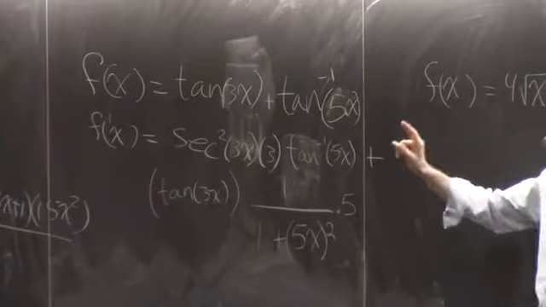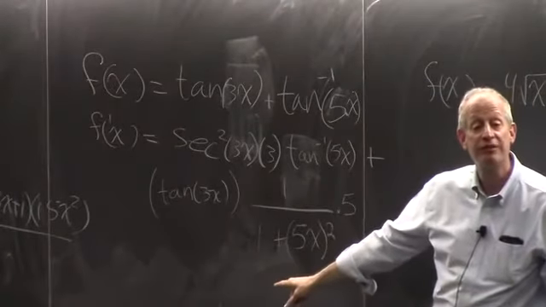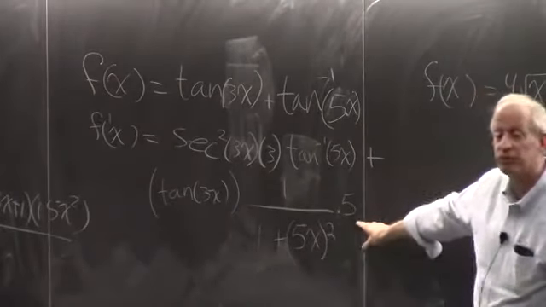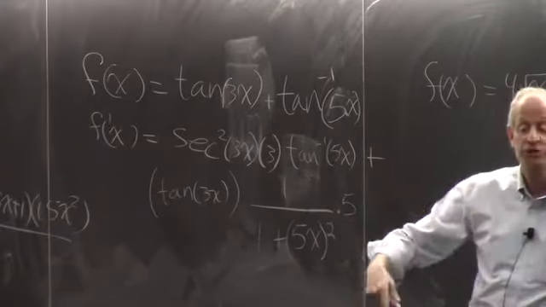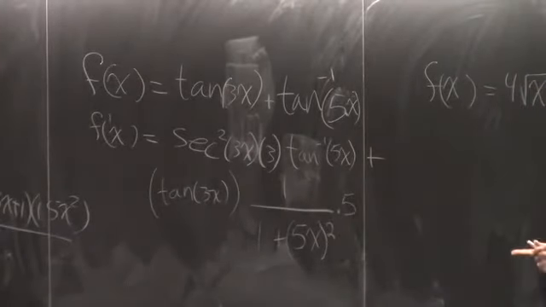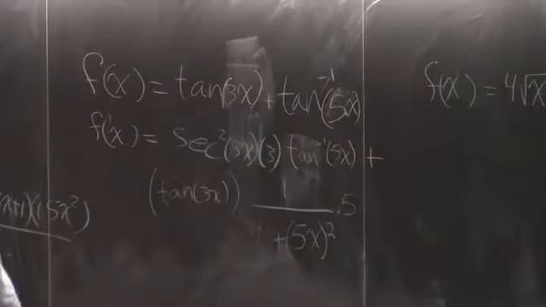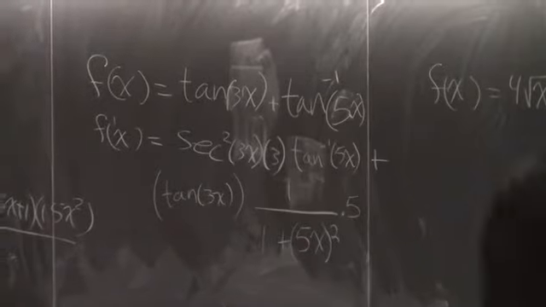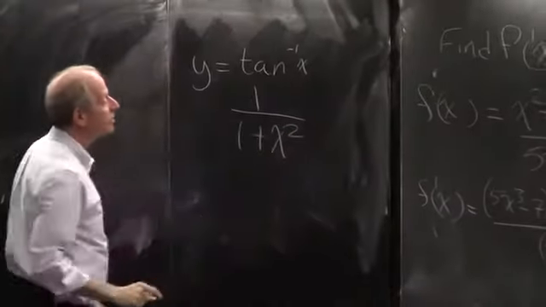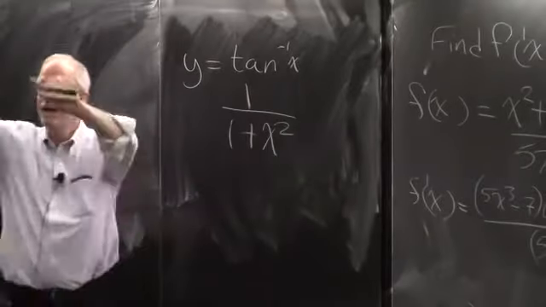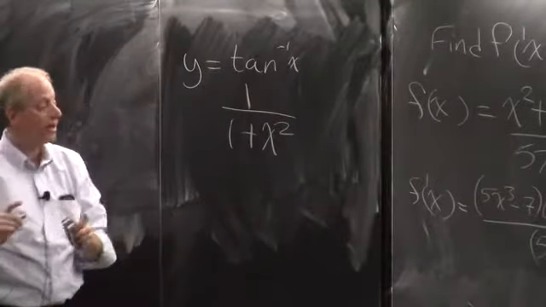Many of you will put 5x squared but not put 5 in parentheses, or will not multiply by 5, or put a square root that just doesn't belong there. Okay? So remember, what's the derivative of tan inverse of x? 1 over 1 plus x squared. So if this is 5x, that's 5x parentheses squared.